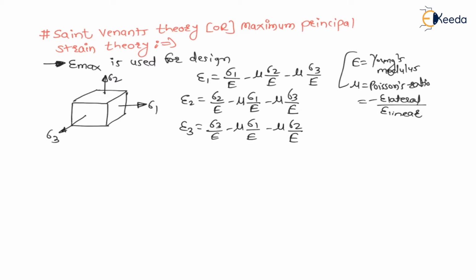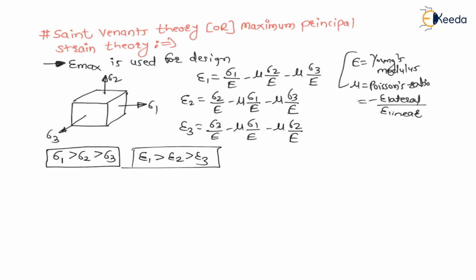Now let us consider sigma 1 is major principal stress, which is greater than sigma 2. Sigma 2 is intermediate principal stress, which is greater than sigma 3, and sigma 3 is minor principal stress. Therefore, if sigma 1 is greater than sigma 2 is greater than sigma 3, then definitely E1 will be more than E2 will be more than E3.